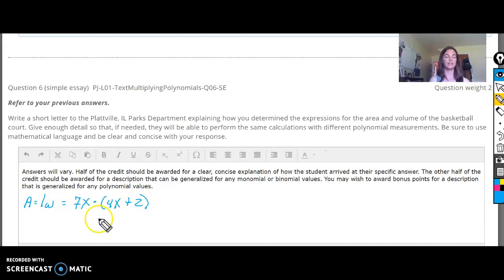And then volume equals length times width times height. And since we already knew this was the area, we took our 28x squared plus 14x and multiplied that by x plus 2. Okay?